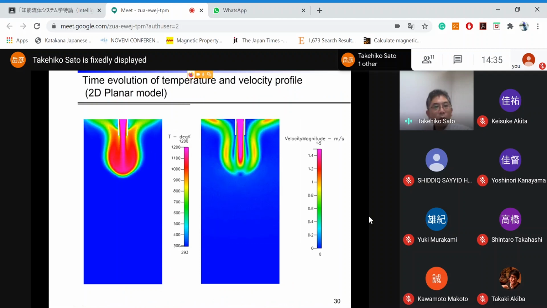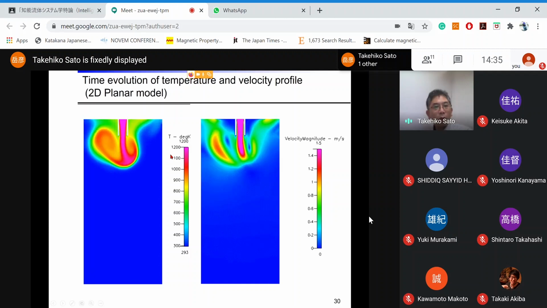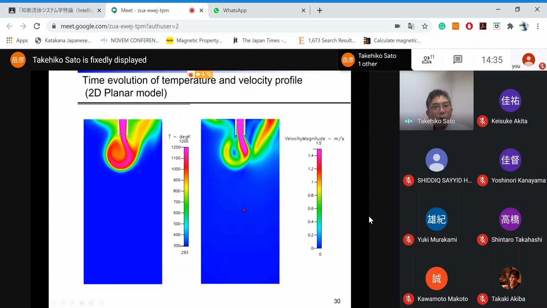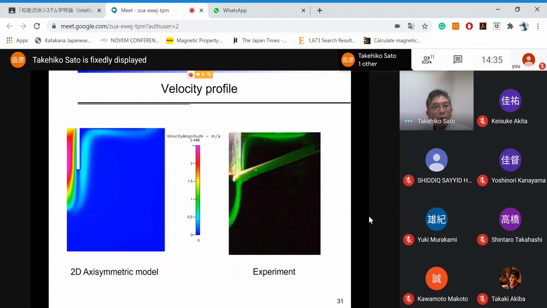Okay, so we also analyzed the plasma temperature and the velocity. The velocity is not so high, so it was very difficult to measure by experiment. This is a numerical simulation, and this is the experiment visualization.